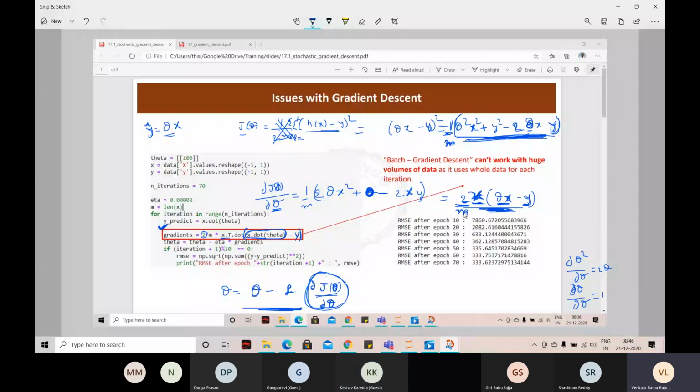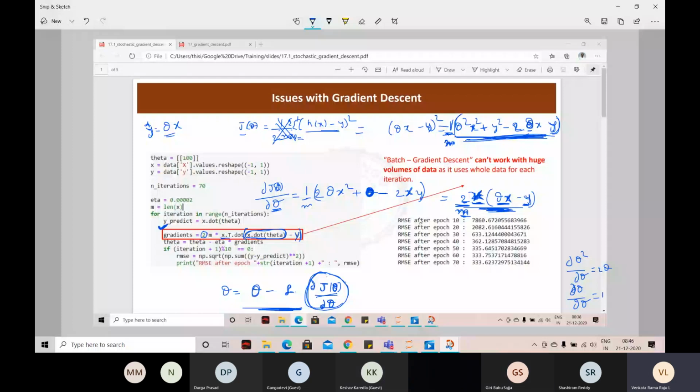So now let me go back to our gradient descent one more time, because I told you that I am going to explain one point here. Can you see this linear regression gradient descent screen?